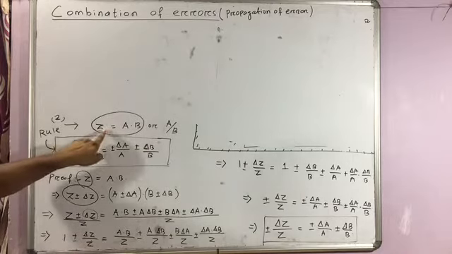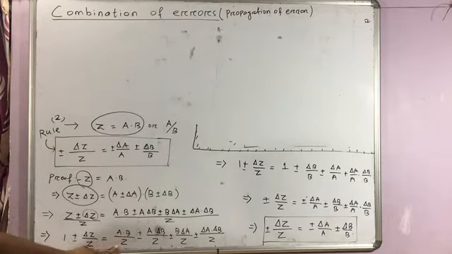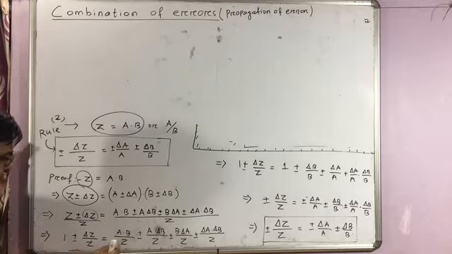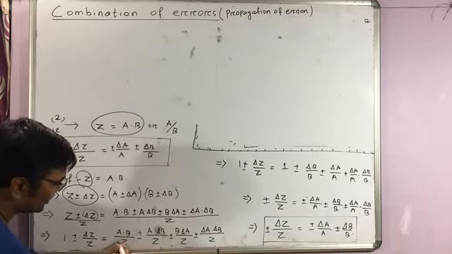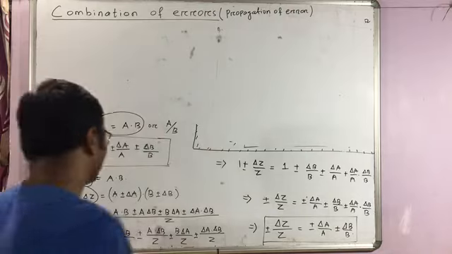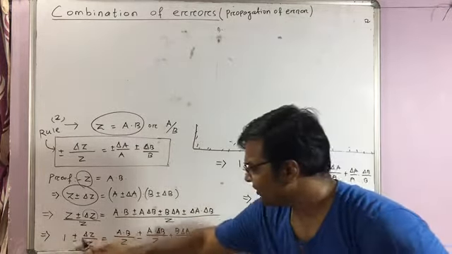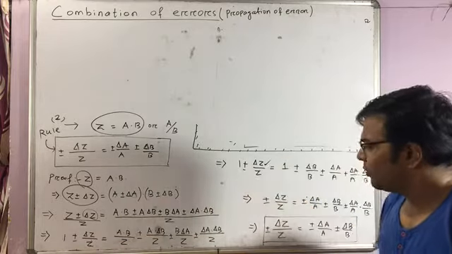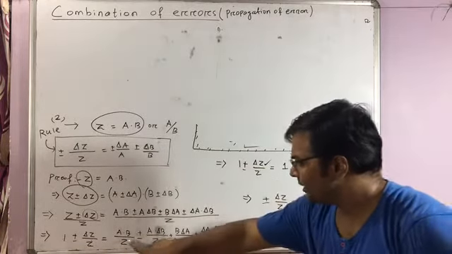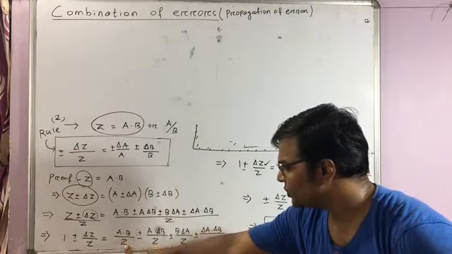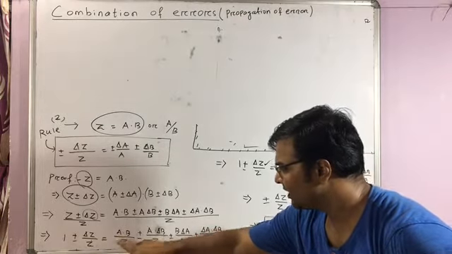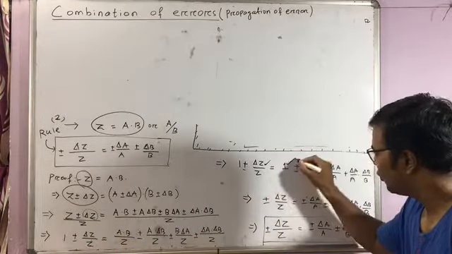As we know, Z is equal to A into B. So you substitute on the right side of this equation Z equal to A into B. The left side remains as it is, 1 plus or minus del Z by Z. Now A into B divided by A into B is 1.